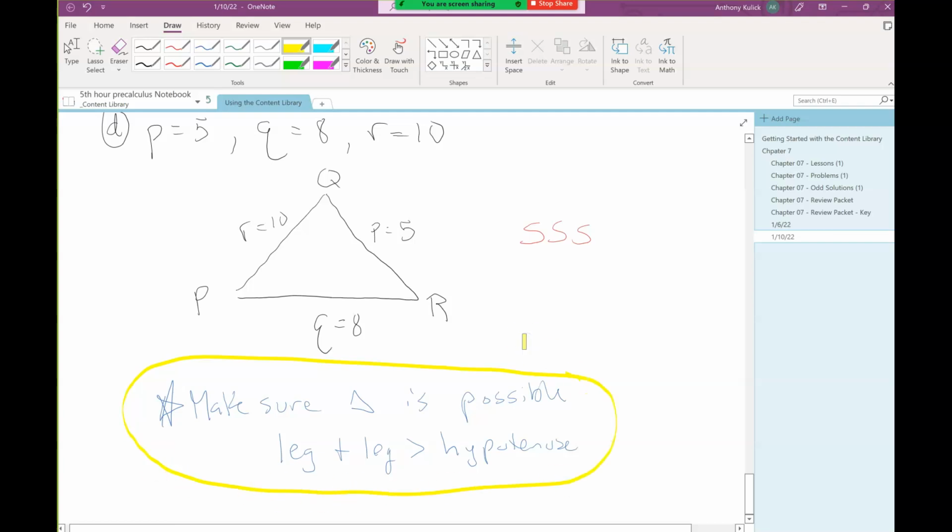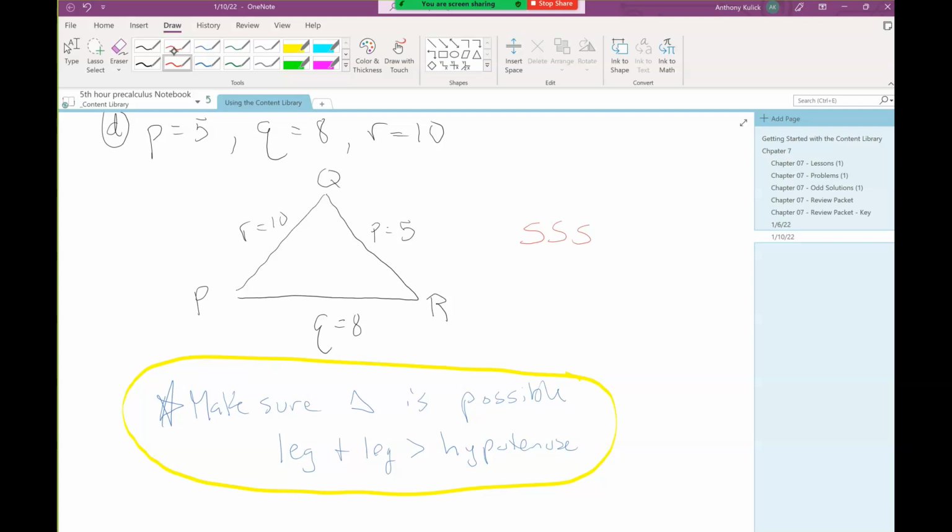But we need to make sure we do that at the first step, because I promise you, you'll run into a situation on occasion where we give you something like 8, 5, and 15, where there's no triangle possible. Looking at those three numbers, it's unlikely common sense will tell you. With 1, 1, 100, maybe you could tell there's no way you can make a triangle out of that.